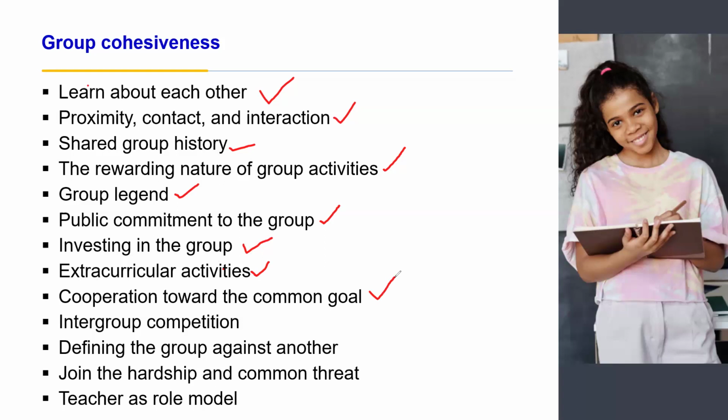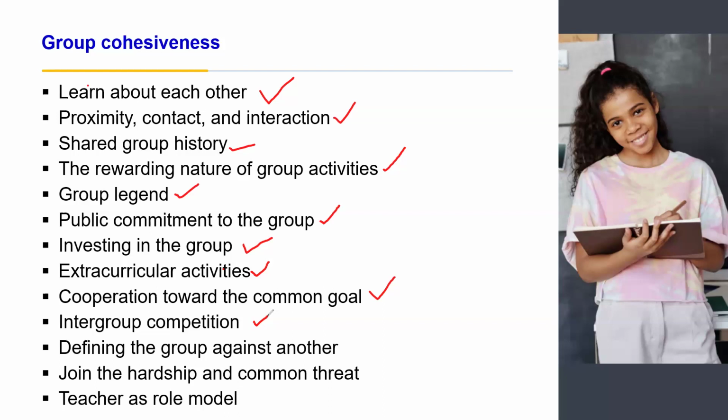And the next one is intergroup competition. For example, groups have the same task or the same question to discuss, so they challenge themselves to win or to do it much faster.